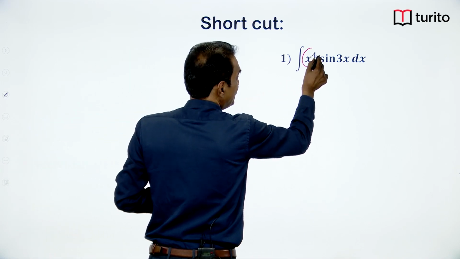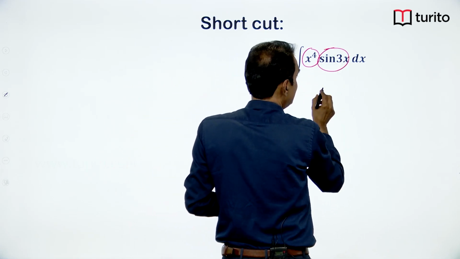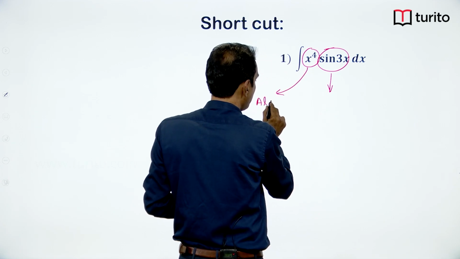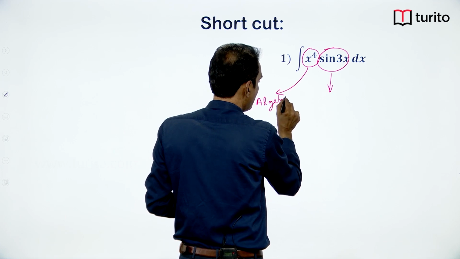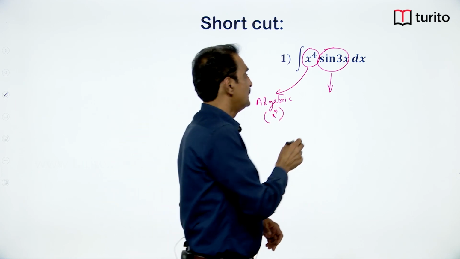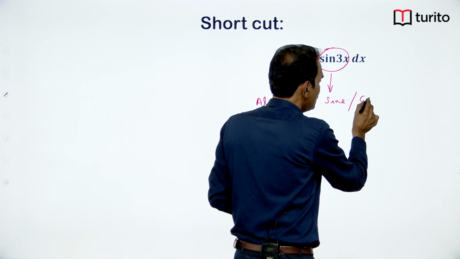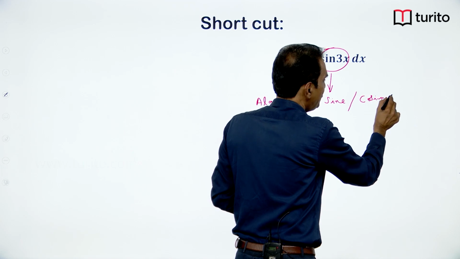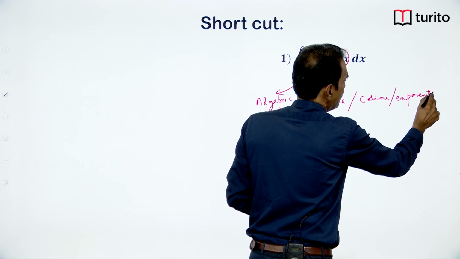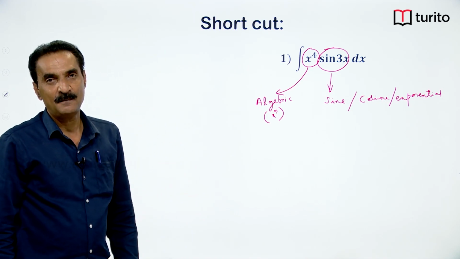when the first function is in the form of x power n, this must be algebraic, algebraic means in the form of x power n, and the second function is either sine function or cosine function or exponential function, then only we can use this shortcut formula.